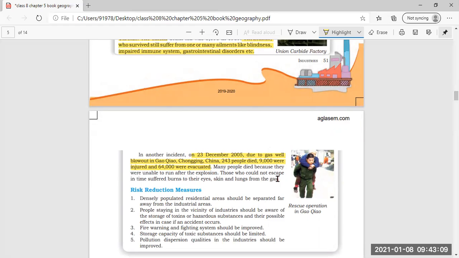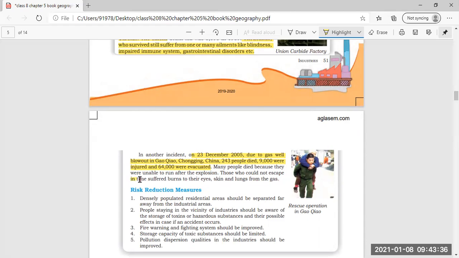Many people died because they were unable to run after the explosion. So 243 people died because they were not able to evacuate, to leave that place and go somewhere else. Those who could not escape in time suffered burns on their eyes, skin, and lungs from the gas.